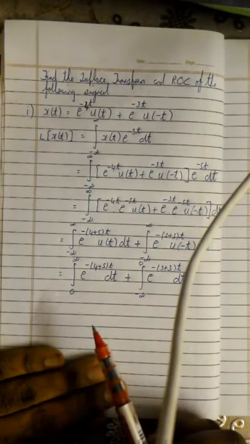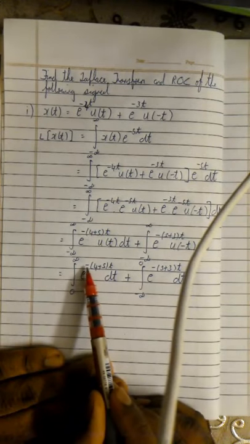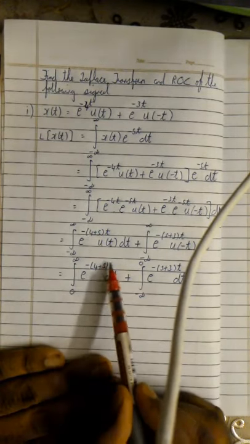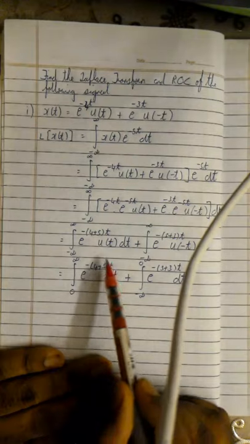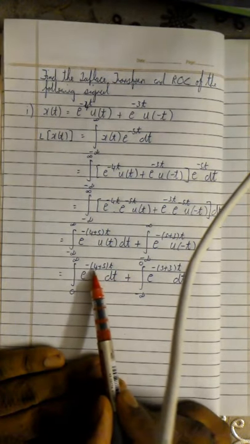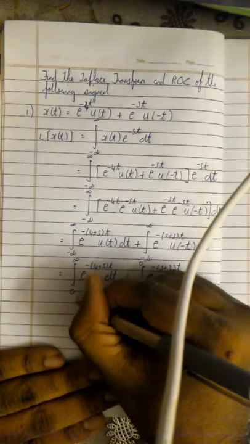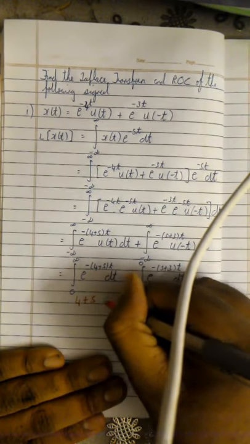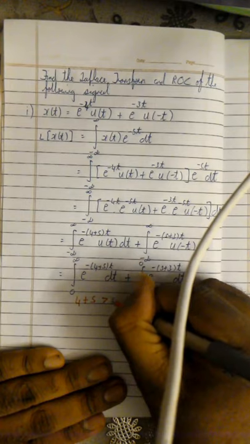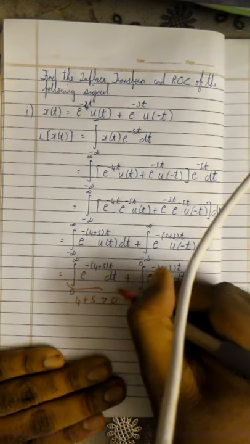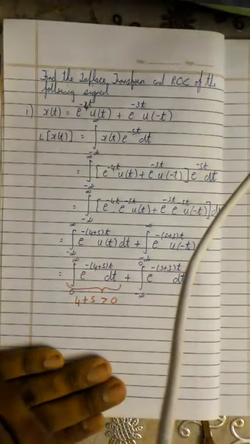And there is a minus sign over here. So this power can be negative only when 4 plus s is a positive value, or in other words, 4 plus s must be greater than 0.